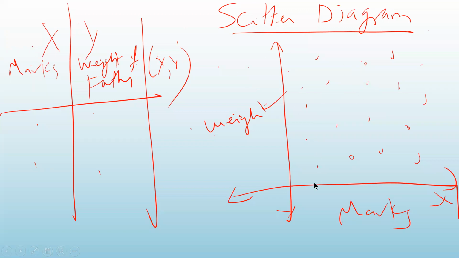For example, here, if the marks is this much, the weight of father may be here or here or here. There are 3 points here. So you are not able to see any particular type of pattern. So from this type of scatter diagram, we can say that the two variables have no correlation between them.